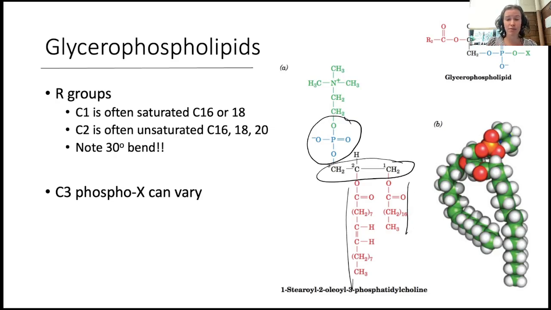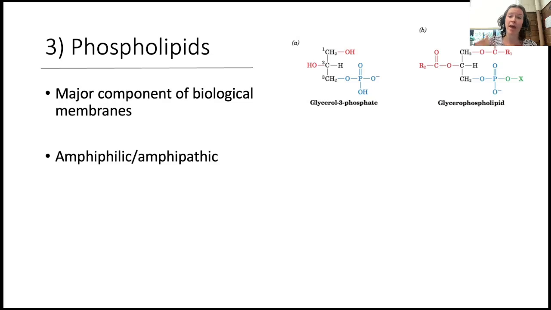So that is the type of structure we expect to see from a phospholipid. Now, because we have that phosphate group coming off the top, it has a negative charge, we definitely consider these molecules to be amphiphilic. There is a very charged region, which is certainly polar, and then of course the lipid tails are nonpolar. So therefore, yes, amphiphilic.